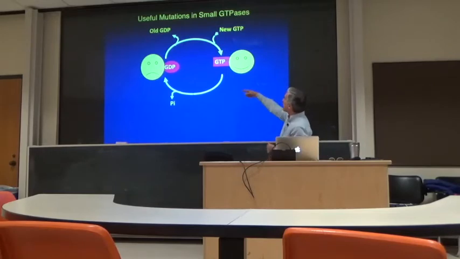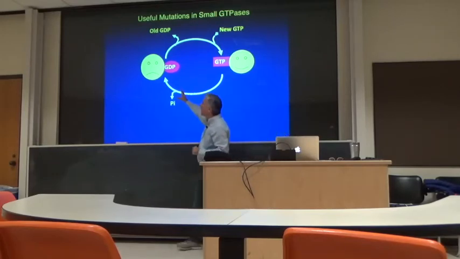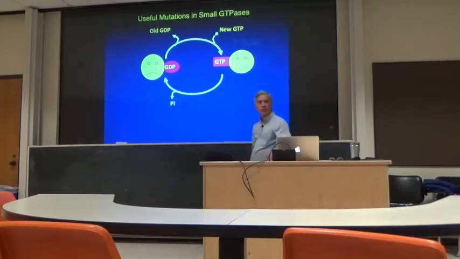So we go through the regular cycle, right? If we have GTP bound, the protein is in the functional state, so it can function and interact with other proteins. If it has hydrolyzed the GTP, now it has GDP, and is unable to interact functionally with other proteins. And we have the accessory proteins.